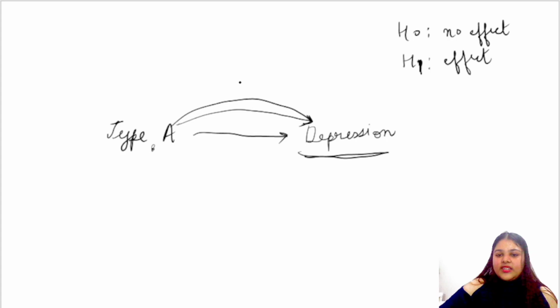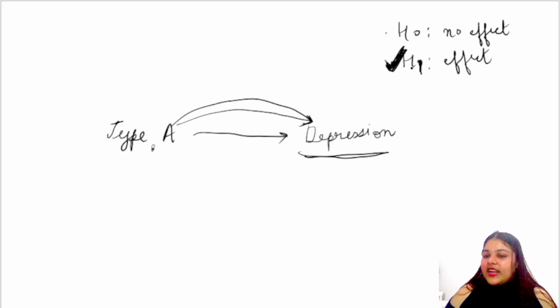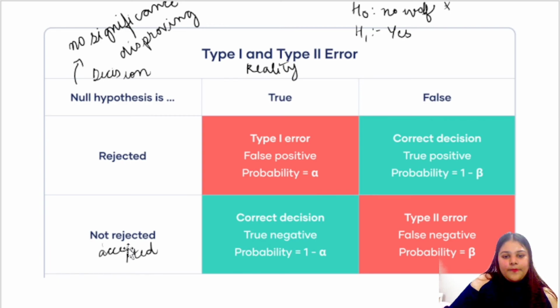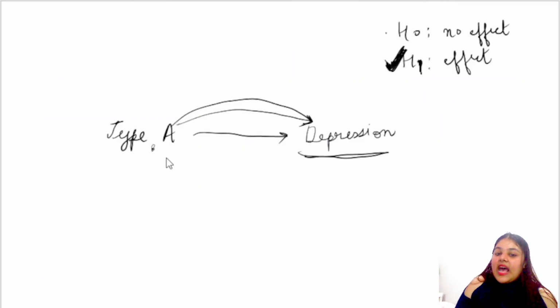So now we are understanding type 2 error: no effect when there was actually an effect, a false negative. In reality, my null hypothesis was false, but I have still accepted it. I have said that there is no effect when actually my medicine was very good.